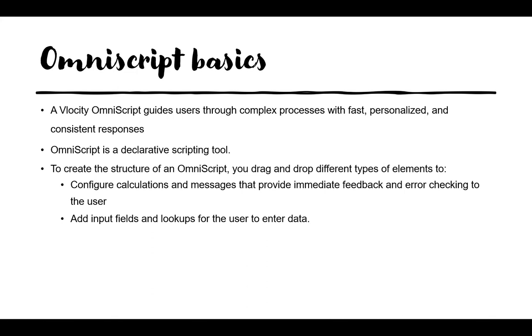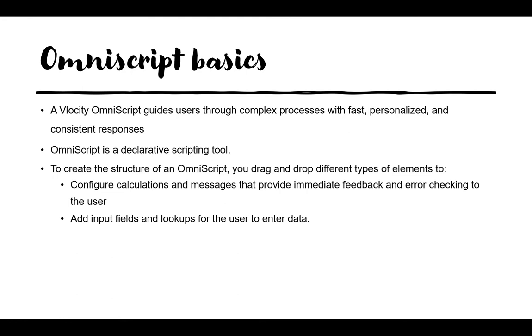So, what is Omniscript? Omniscript guides users through complex processes with fast, personalized, and consistent responses. And Omniscript is a declarative script tool. So it's a no-code tool. And to create the structure of an Omniscript, you drag and drop different types of elements.